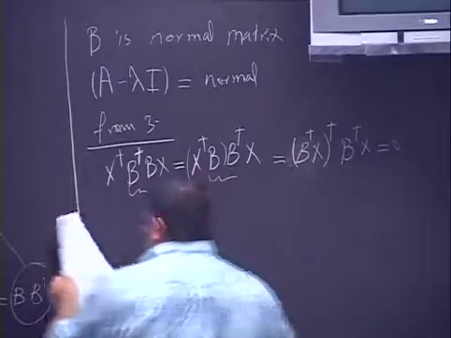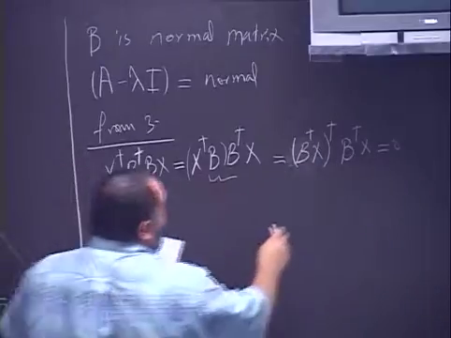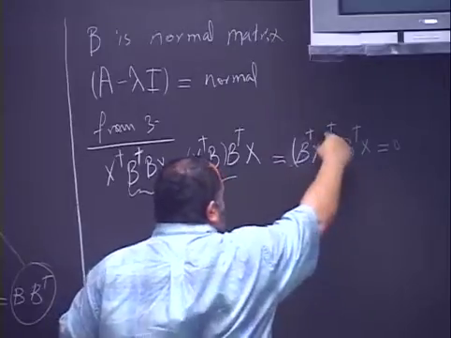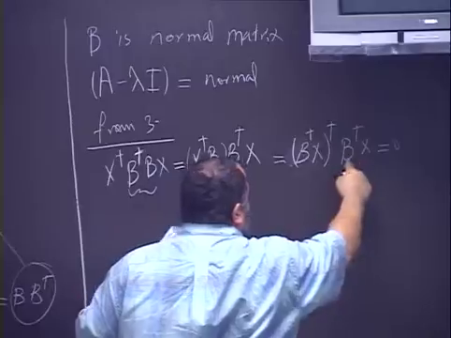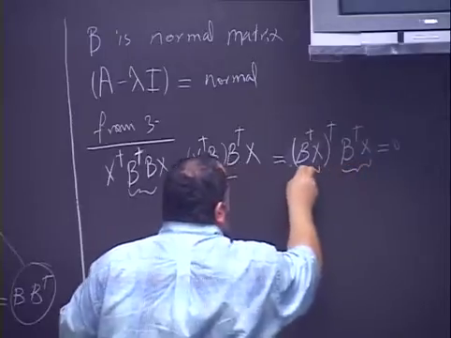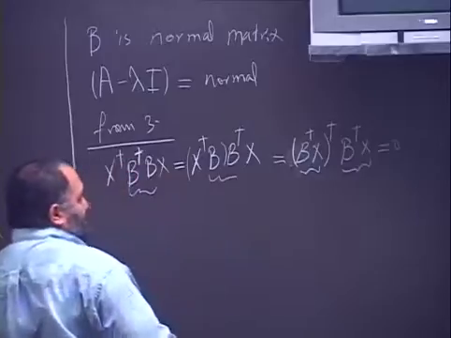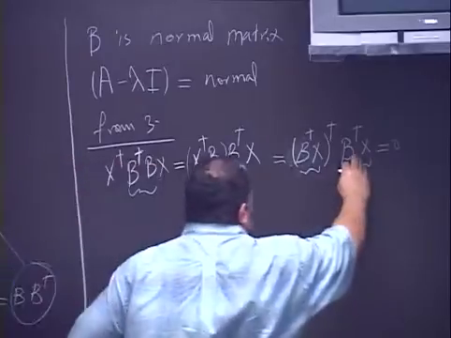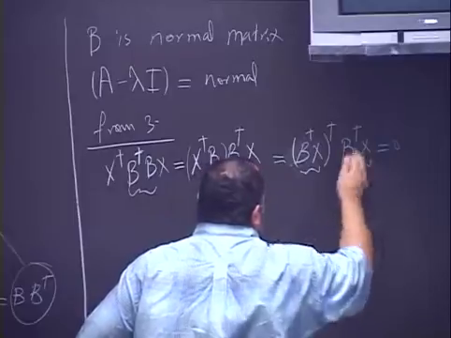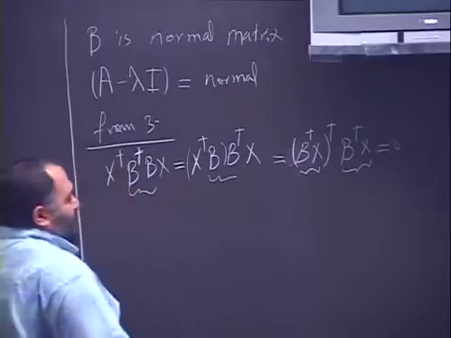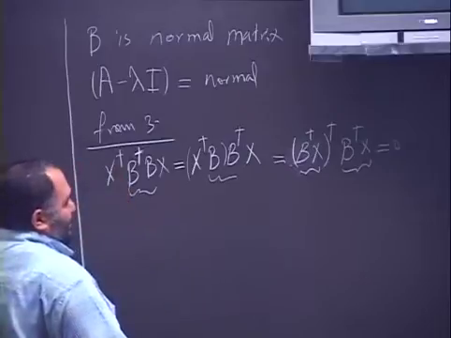Then what's happened is, if we have B dagger X, the adjoint of this multiplied by the same matrix is equal to 0. What does it mean? So a vector, let's say B multiplied by X is a vector, and if you take the Hermitian adjoint of the same vector, it is equal to 0.